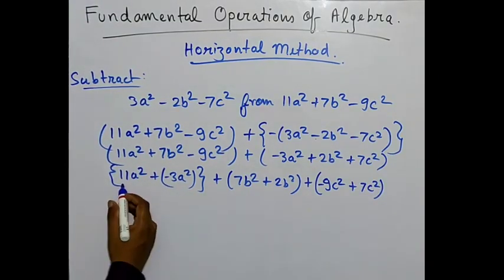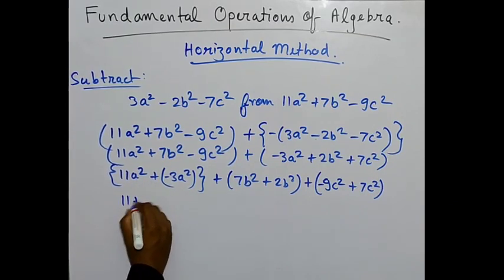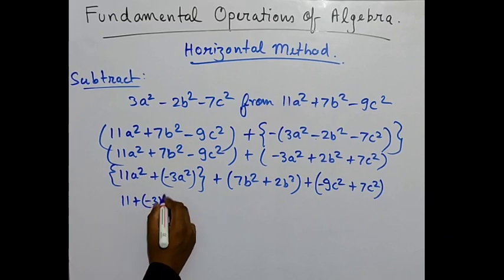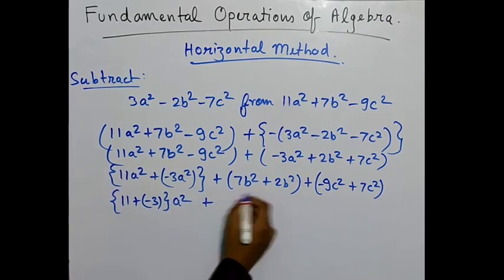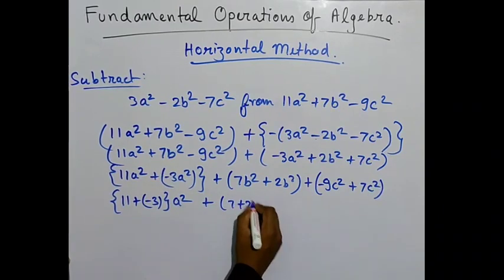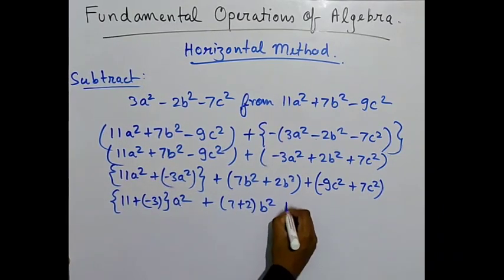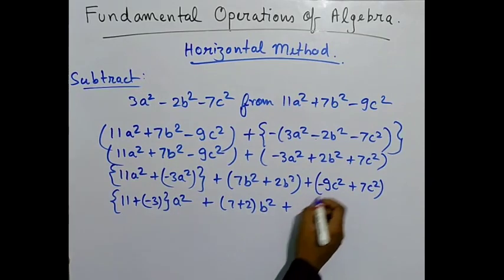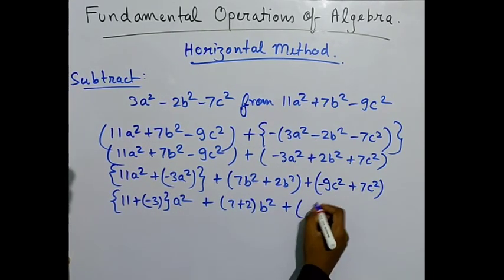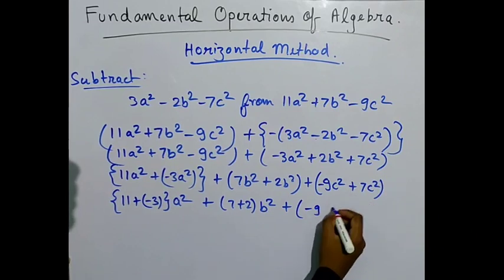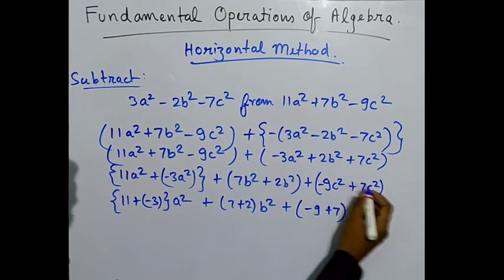So let's add the numerical coefficients. So 11 plus negative 3, and a square is common, plus 7 plus 2, b square is common, plus negative 9 and positive 7. What is common? c square.